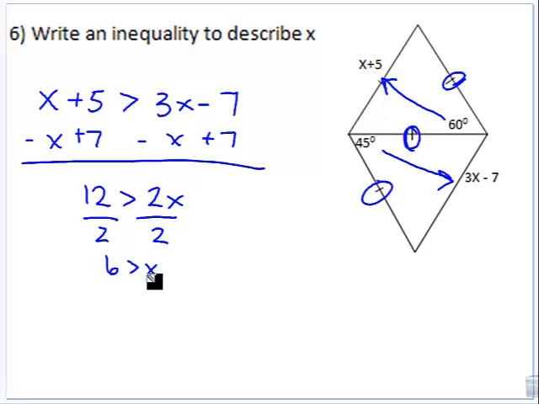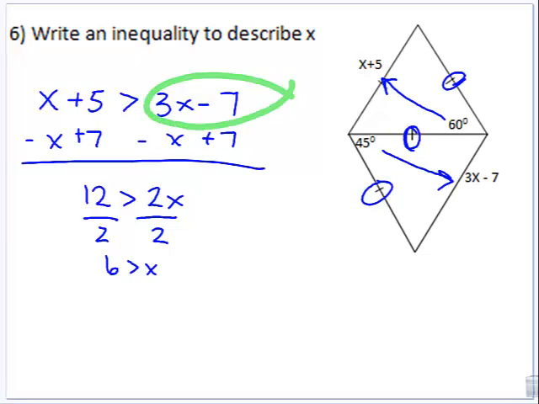So we do need to make sure that our range of values for x do not dip into the negatives. Which of these two sides is already the side that's less than? The 3x minus 7.